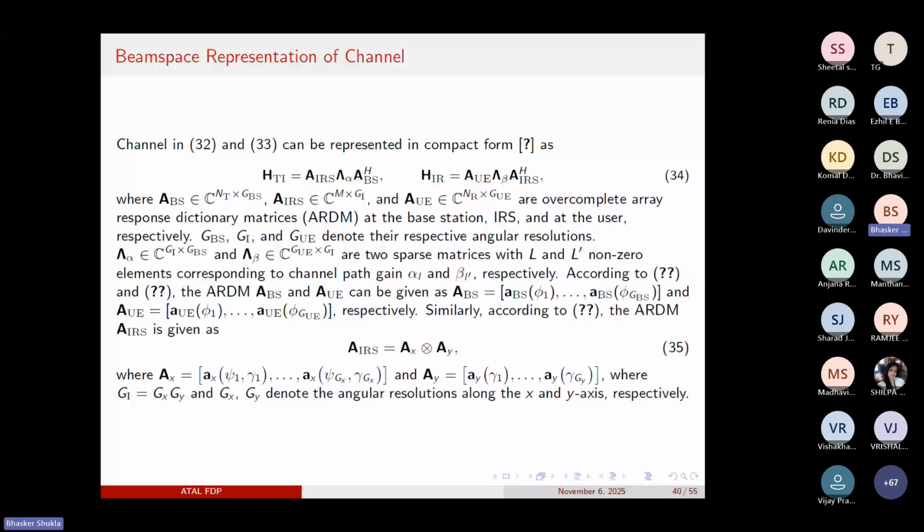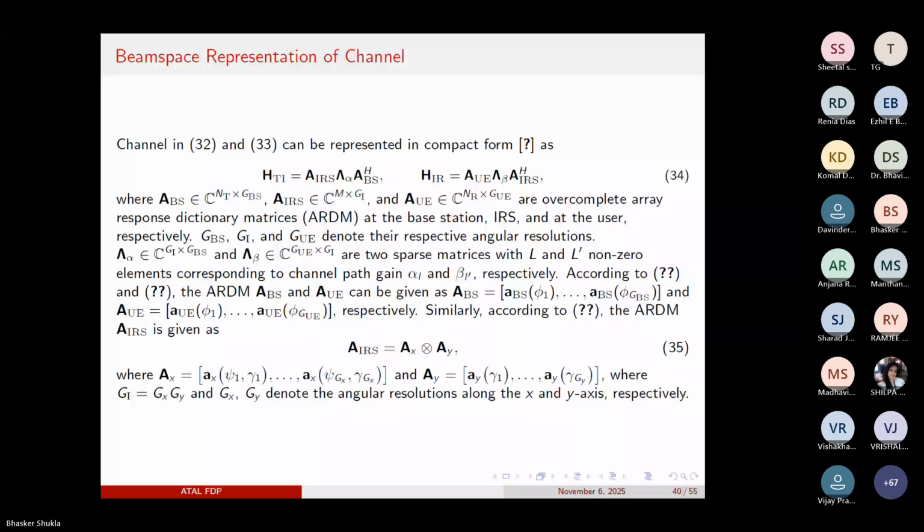These are formed with the array steering vectors, and AIRS, the array response dictionary at the IRS, can be given by the Kronecker product of AX and AY. AX corresponds to the horizontal components, and AY corresponds to the Y coordinate system.